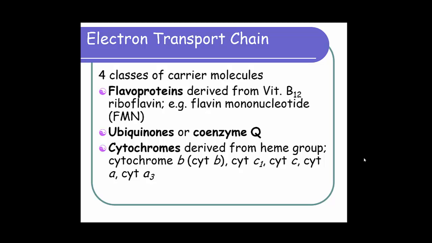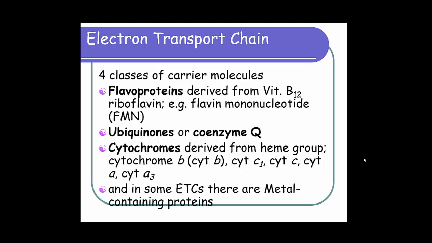There are several of these designated by a lowercase letter or in combination with a number. They are in the chain not in alphabetical order, but they were given their designation in the order they were discovered. You do not need to memorize in what order the cytochromes fall.